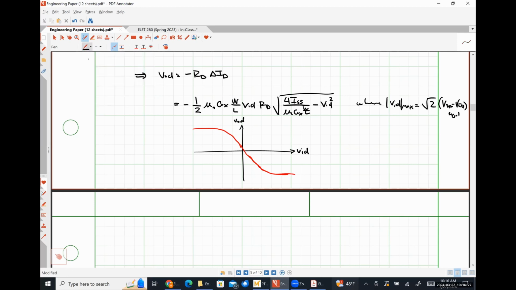And we have a constraint that here is negative V_ID max, and over here is positive V_ID max. So there is a specific limit on the size of not only the common mode signal that can be applied, but also the differential mode signal that can be applied.